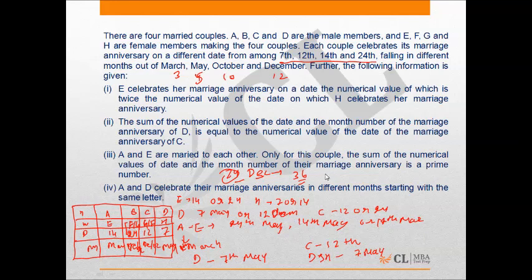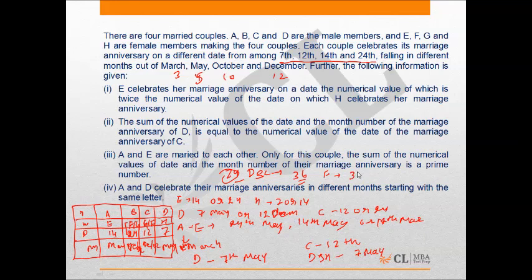F could be married to B and they celebrate their marriage anniversary on 24th of December.